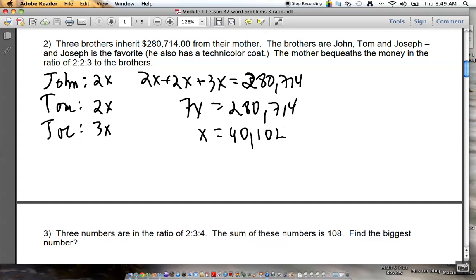Now, as far as what each of the brothers has, God bless you. Oh, by the way, do you get the line about Joseph and the Technicolor coat? No. There's a very famous story. It comes from the Bible, Joseph, and all of his brothers tried to kill him and sell him into slavery.